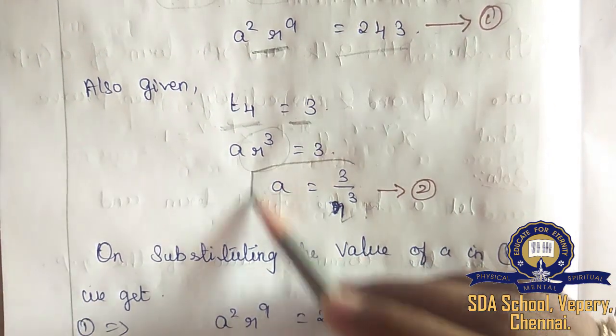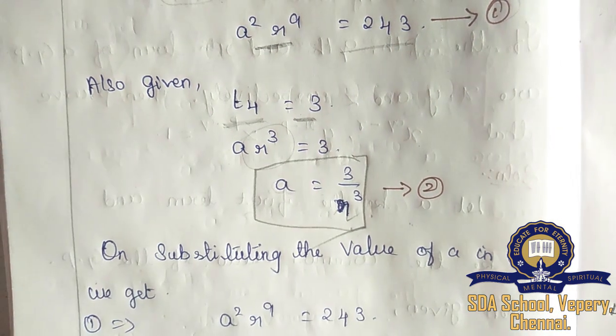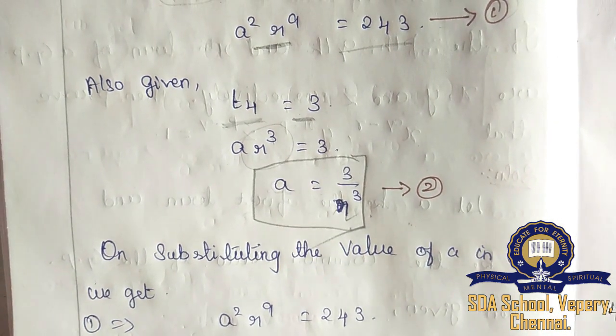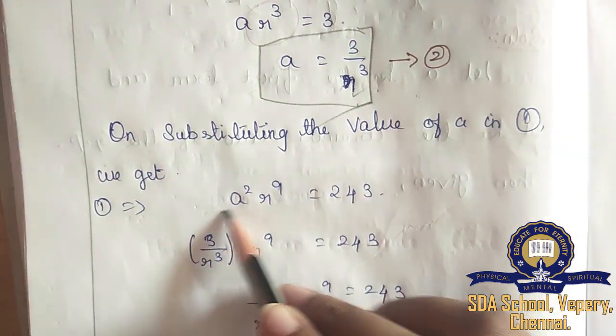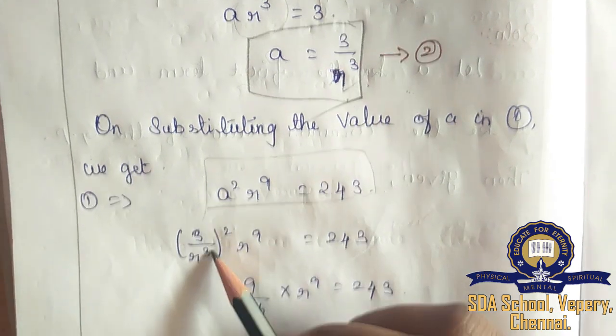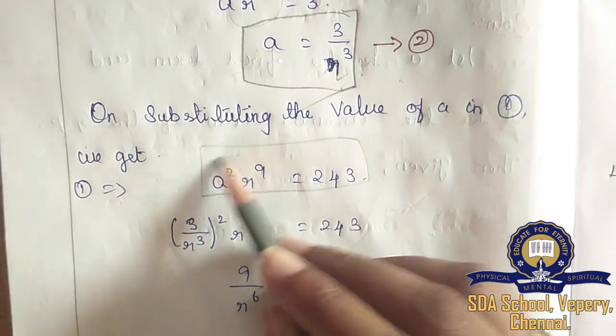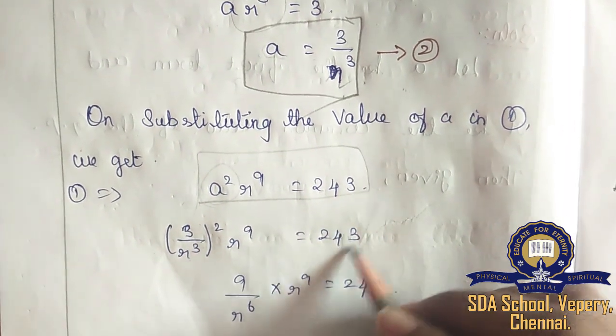Here we know what the a value is, right? So can I substitute this a value in equation 1 so that I can get the r value also, right? So if you substitute, this is your equation 1. So what is the a value here? 3 by r cube, right? If you take the square, since it is a square, into r power 9 is equal to 243.